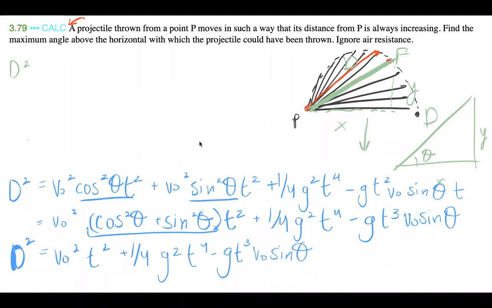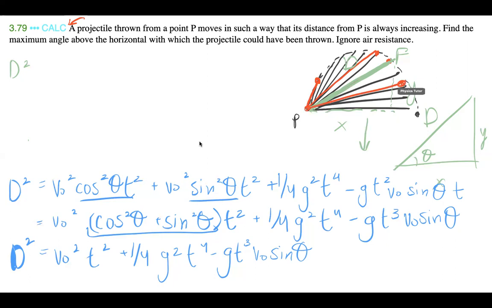Okay, so we know that according to calculus, if we want the distance to always be increasing, the distance is actually changing over time, right? So at some earlier time, at this point, the distance is going to be some distance, and then at a later time, the distance is going to be different.